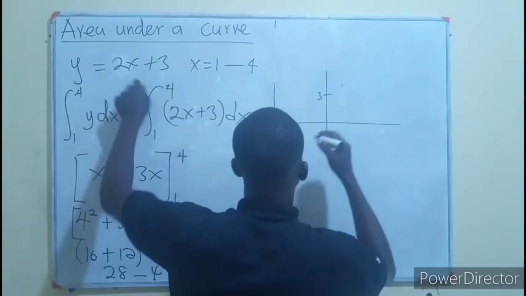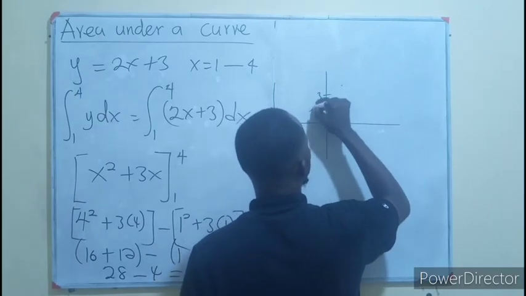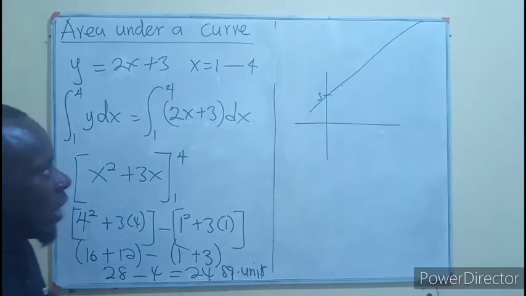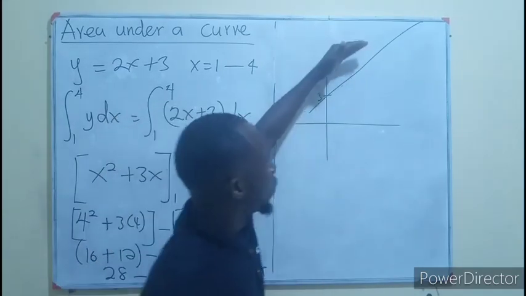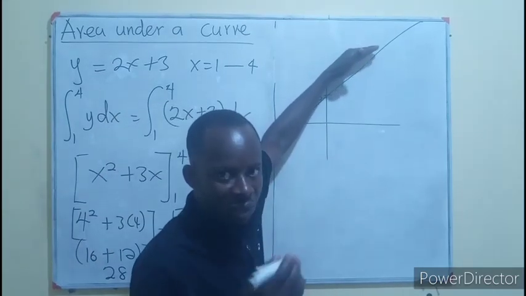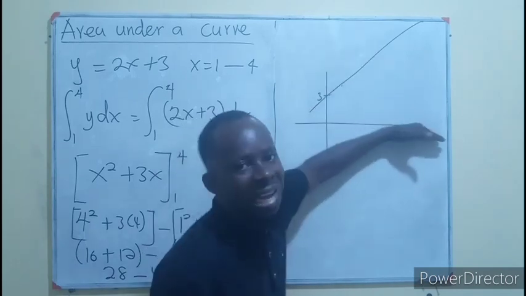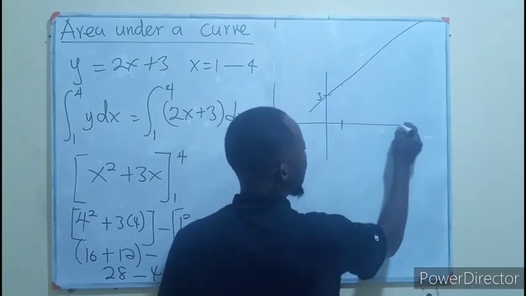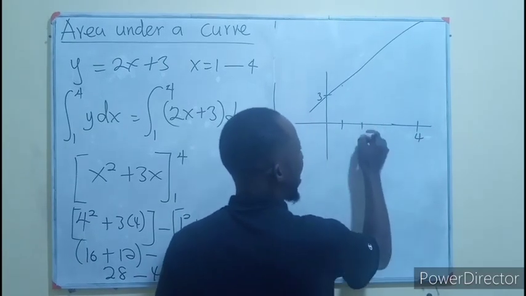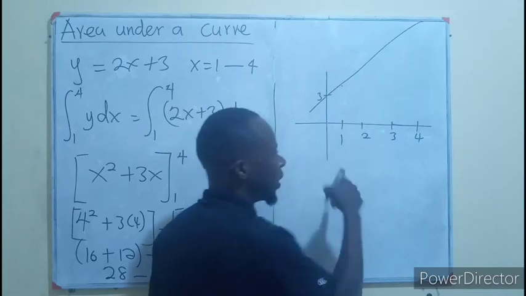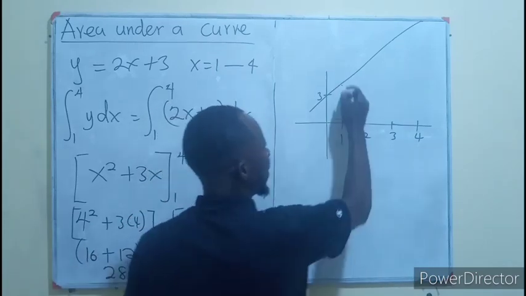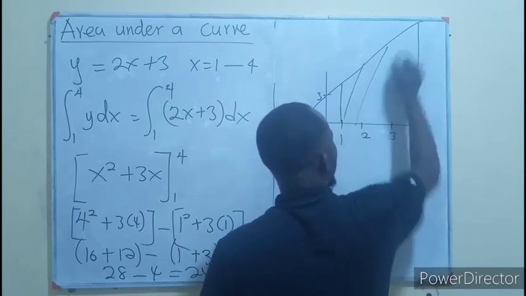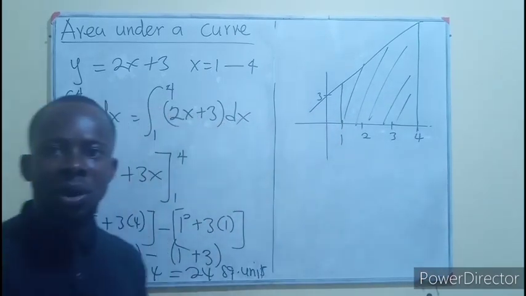So we know, because this is linear, a straight line passing through the point 3. We are looking for the area enclosed by this line, which is now the curve, and the x-axis between the coordinates 1 and 4. I can have 2, 3. So 1 and 4. So this is the area, the shaded area we are looking for.